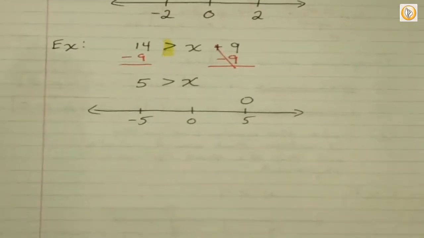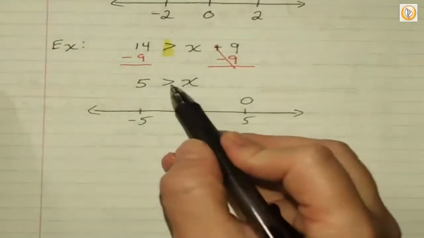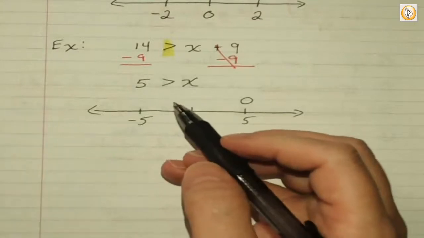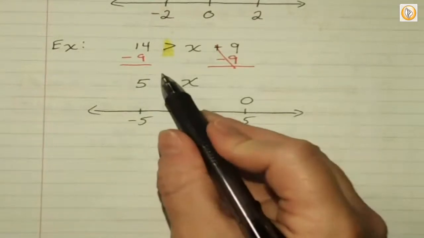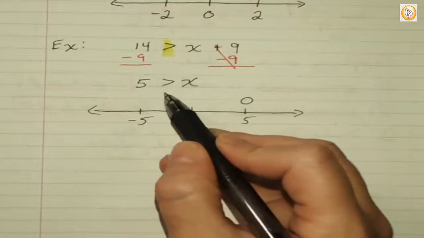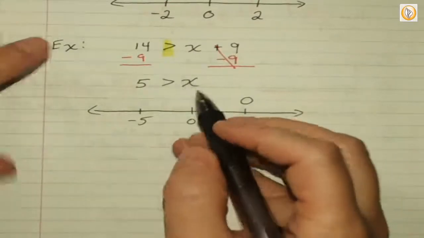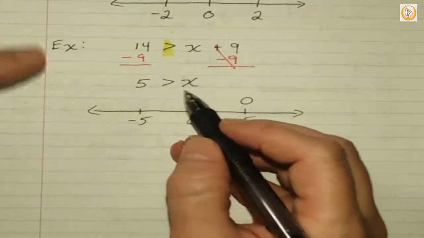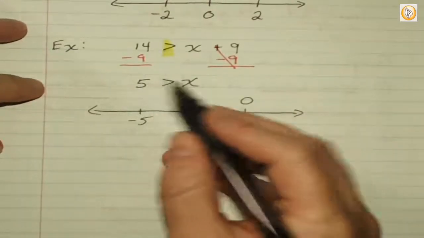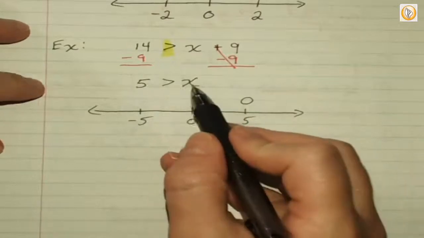So which direction does the arrow go? Oh wait, less than 5. I thought you said more than 5. This again is why I said be careful with that, because the x is on this side.